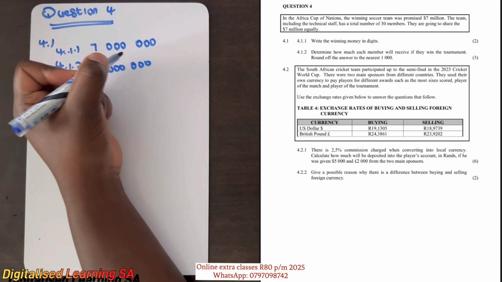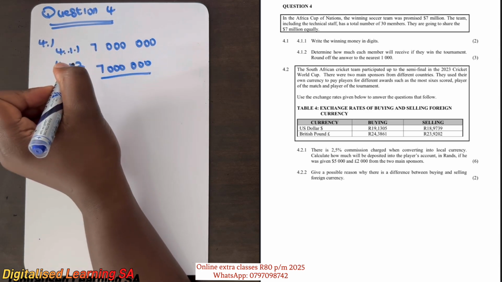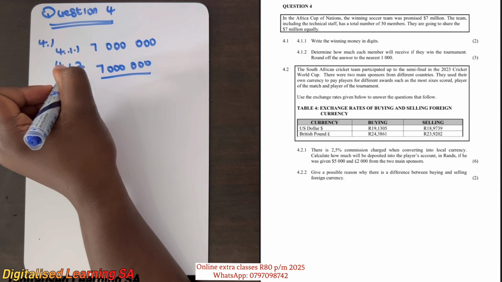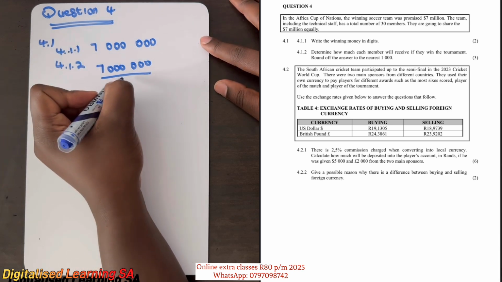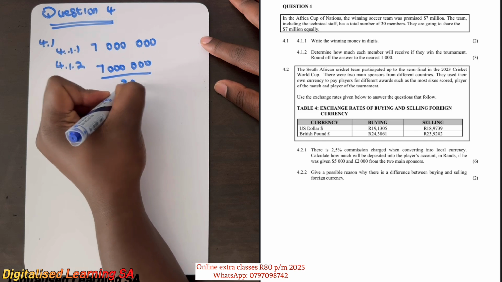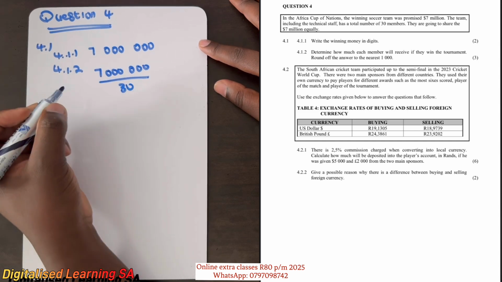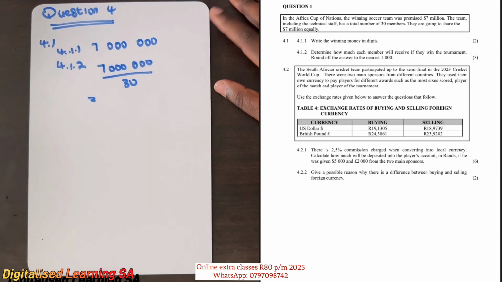Remember that there are 30 staff members, so we are going to divide by 30. Yes, so we are going to take the 7 million and divide by 30. Okay, so now let's plug that into our calculator.